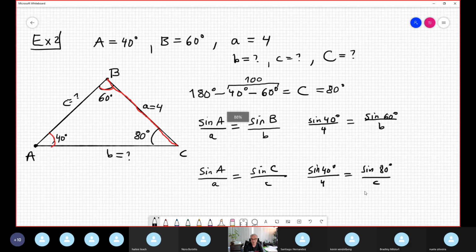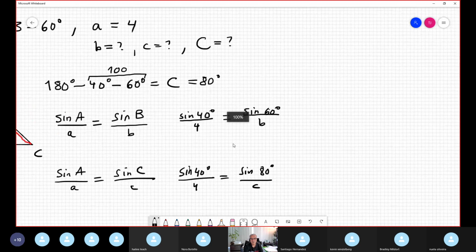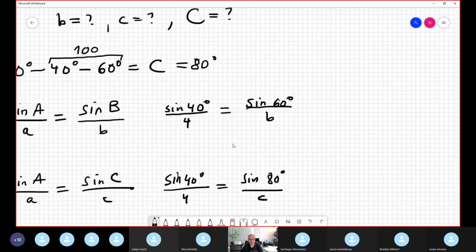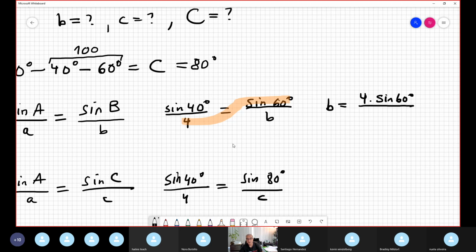Do you understand very well the special cross multiply? Yes. So you want to find b, you multiply this guy times this guy and divide by the opposite of the thing I want to find. So 4 times sine 60 degrees divided by sine 40 degrees.